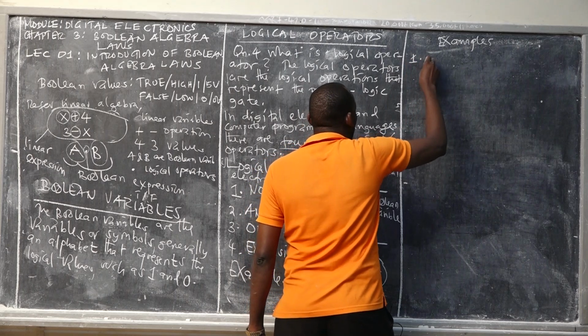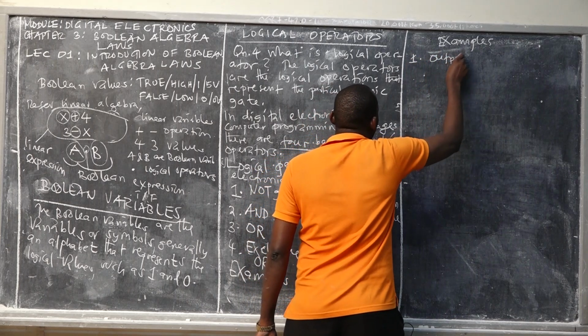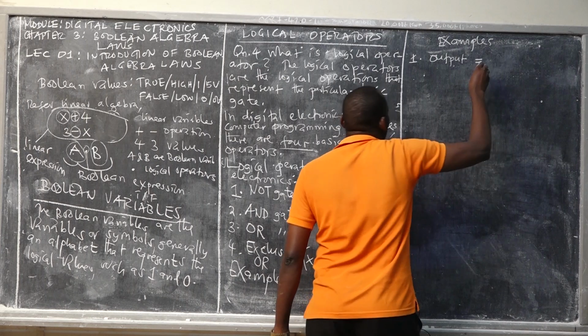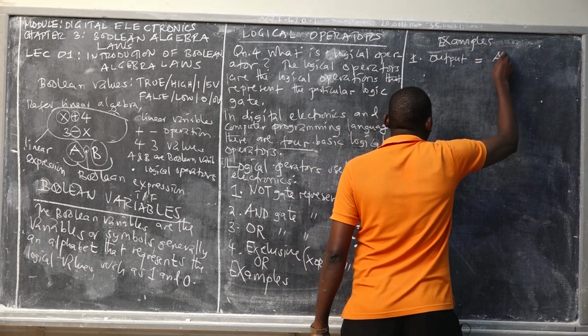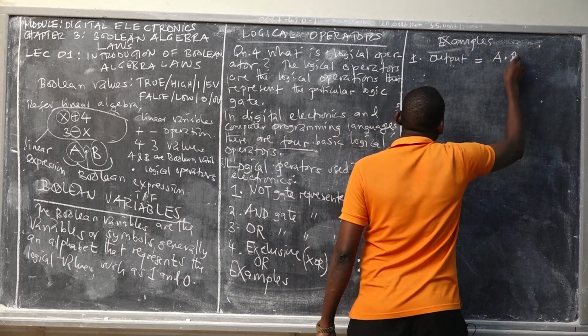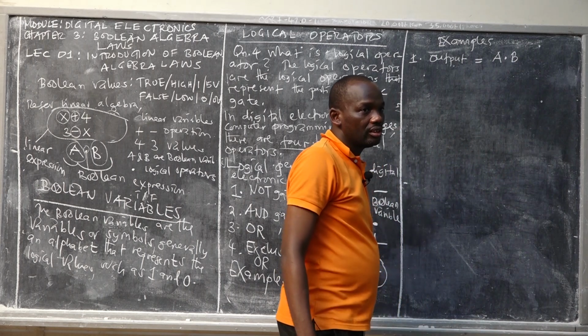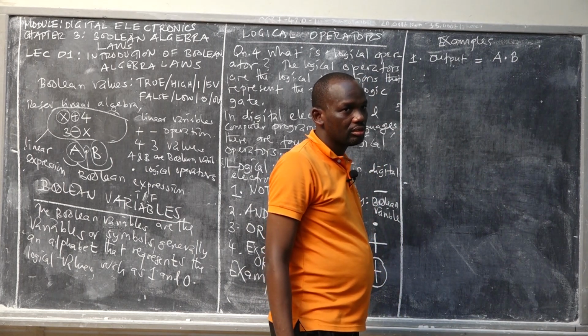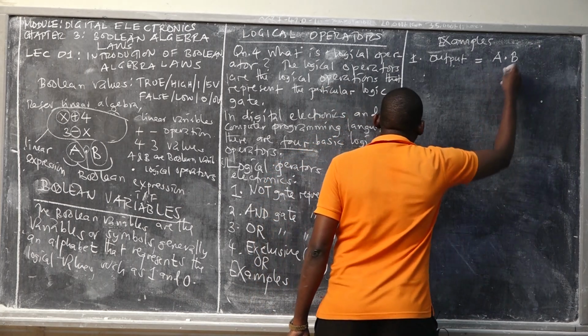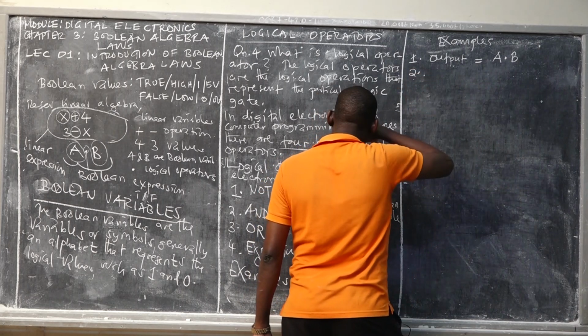So the first example, you can find that a particular output of the Boolean algebra is a variable A and the variable B. This is an example of a Boolean expression.